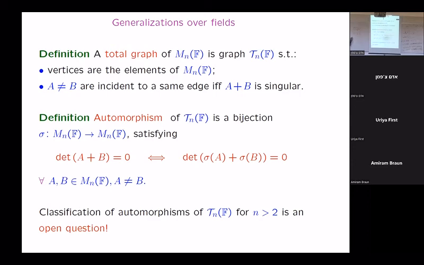For example, the diameter of this graph constructed from matrices of complex numbers. Try to guess what is the answer. The answer is quite surprising. It is 4.